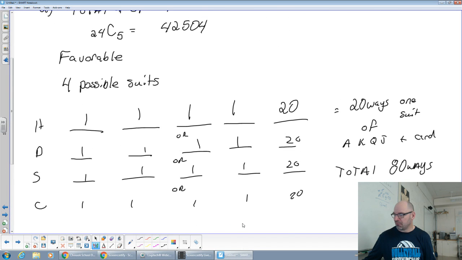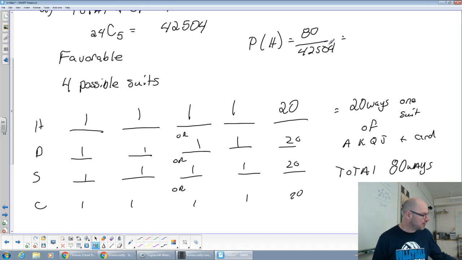The probability of the hand is going to equal 80 over 42,504, which can reduce, I think.